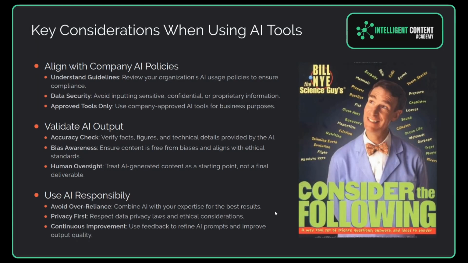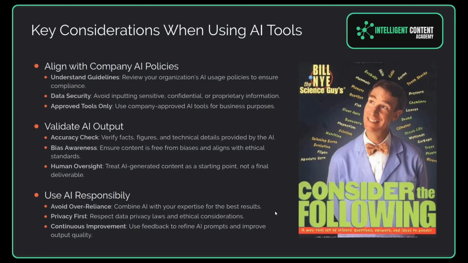You need to verify those facts, figures, and any kind of details. Also, there is an inherent bias that you need to be aware of because of how these AI tools are trained on existing content. So make sure that you're aligning with ethical standards and you're aware of any of those biases that can creep up in tools like ChatGPT.